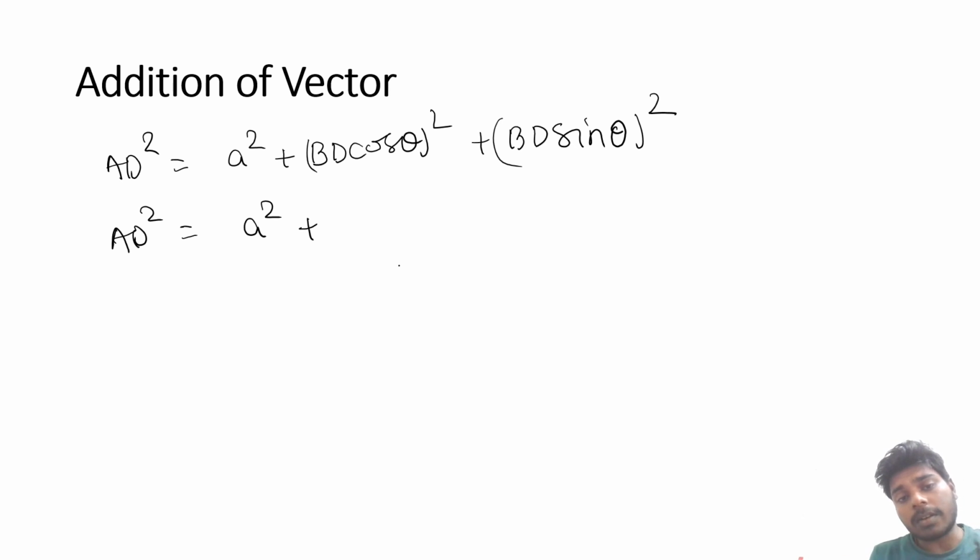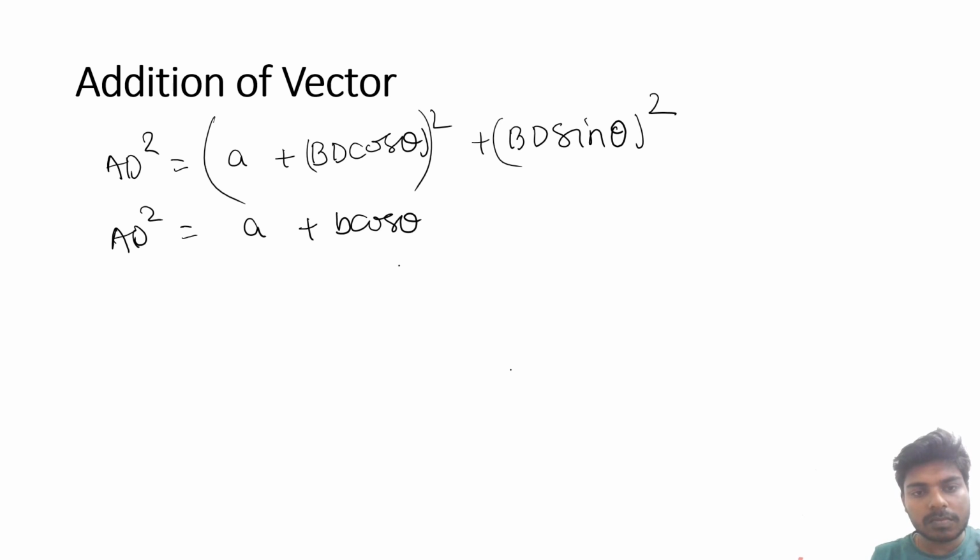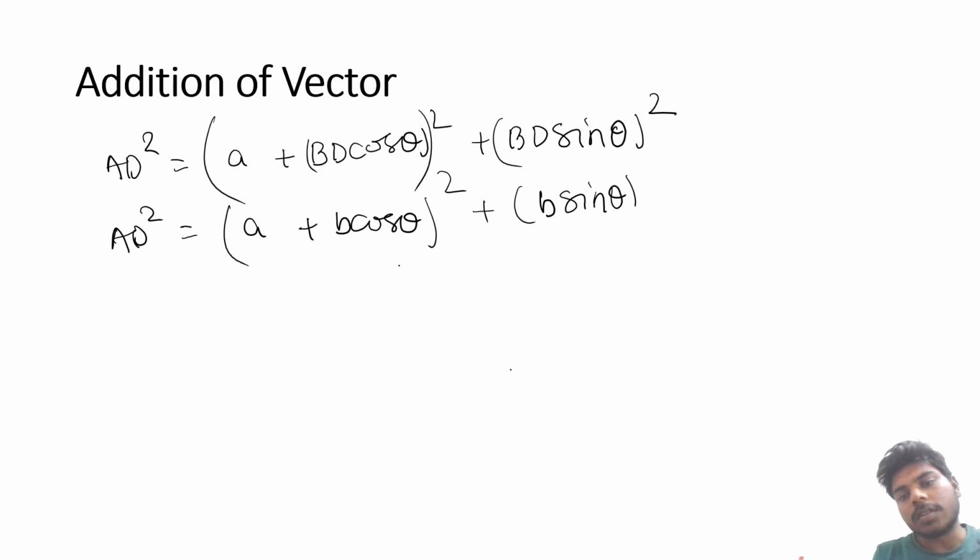BD is the B vector, BD is a B vector. Okay, that is why it will become A plus B cos theta का square plus B sin theta का square.